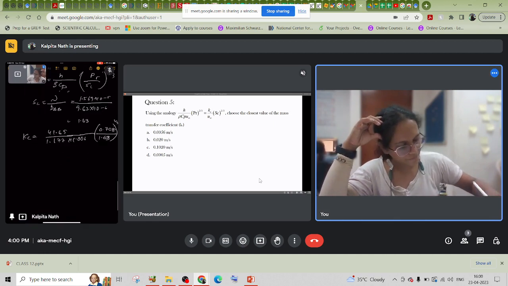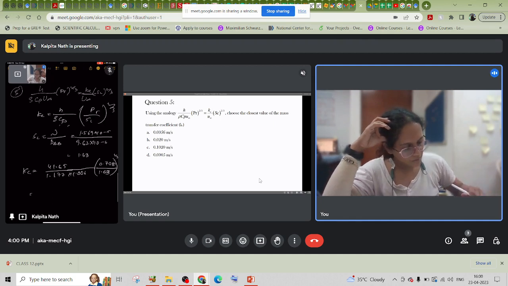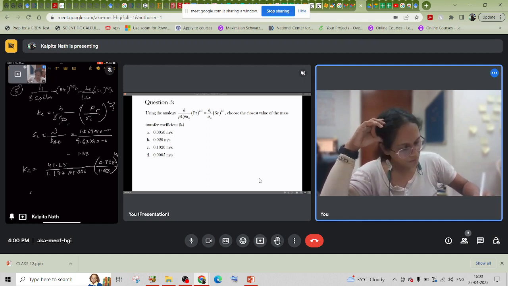So this gives us Kc to be 0.020 meter per second.